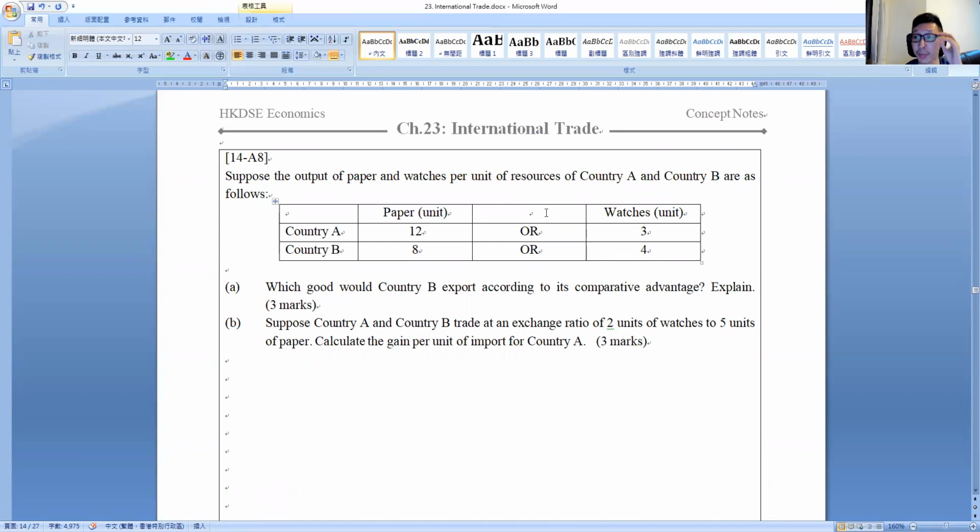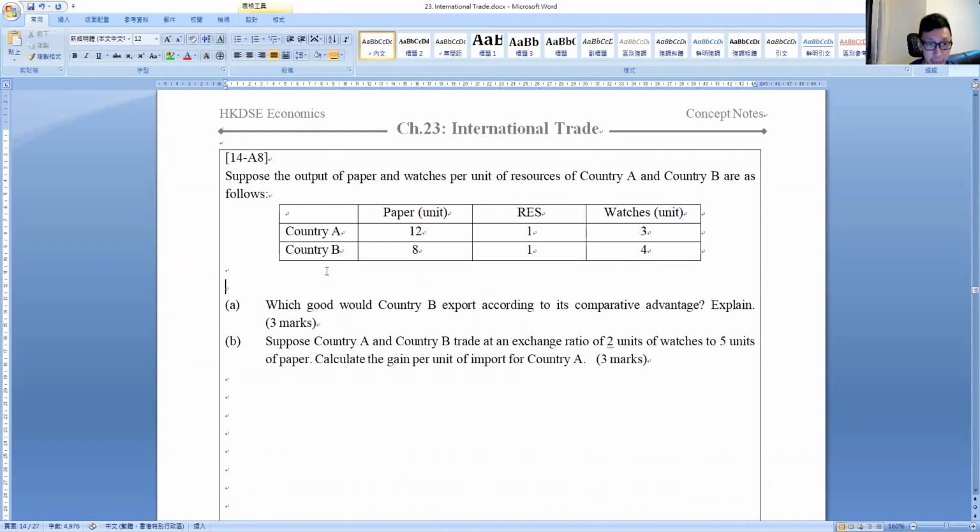Now first of all, let's brainstorm the figures first. Here, per unit of resources, that will be 1. For country A, 1P equals 0.25 watch, or 1 watch equals 4P.